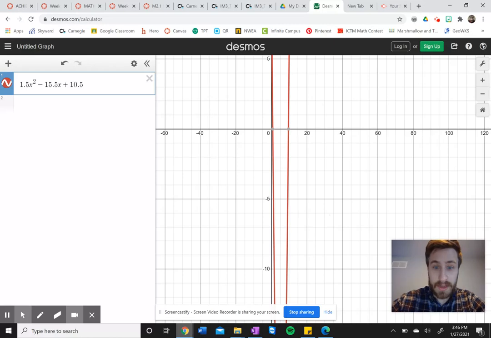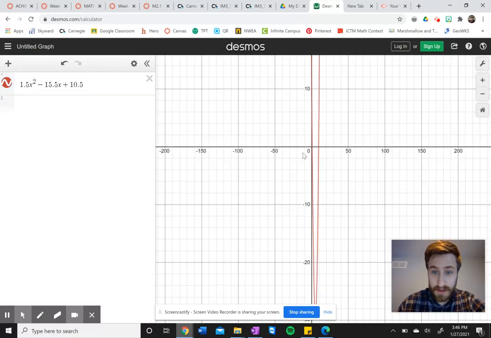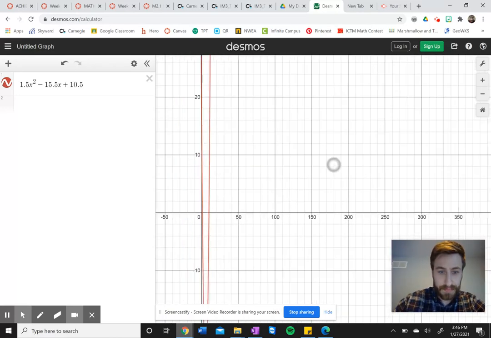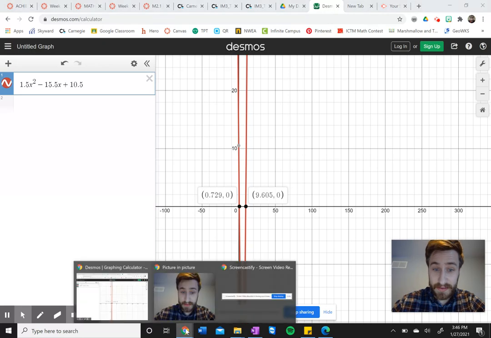So basically the solution to this guy is going to be a whole host of inequalities between the zeros, 0.729 and 9.605. So my solutions are going to be any of these numbers between them. They will create something that is less than 0.